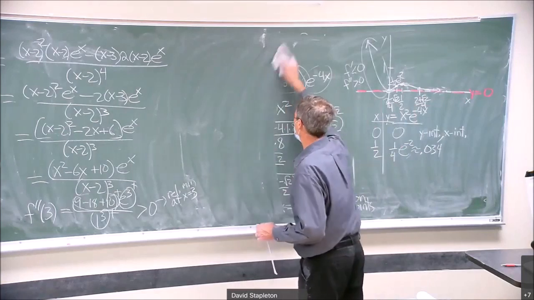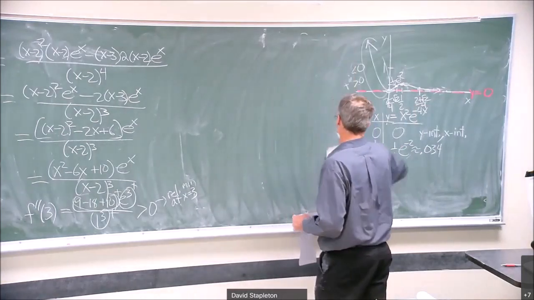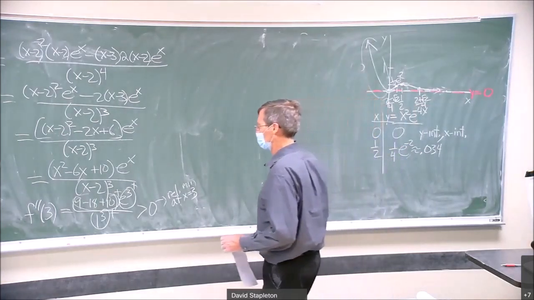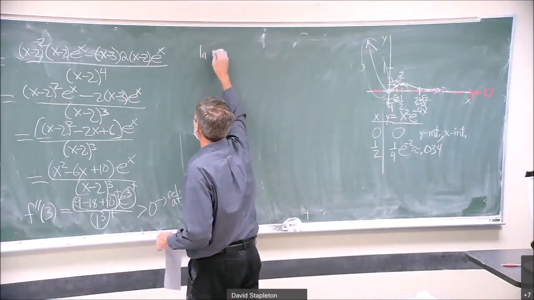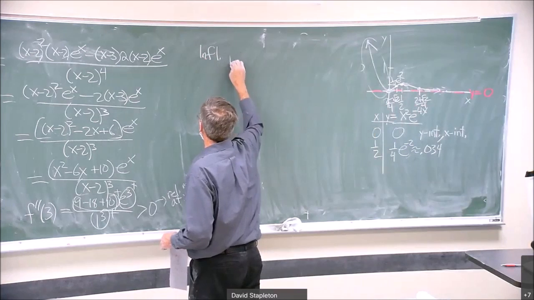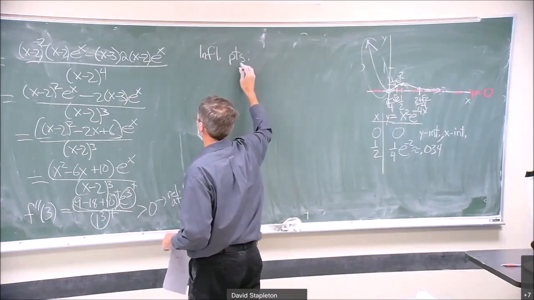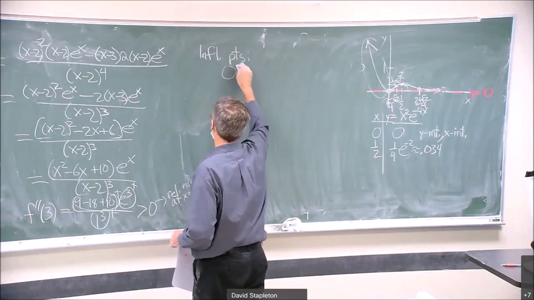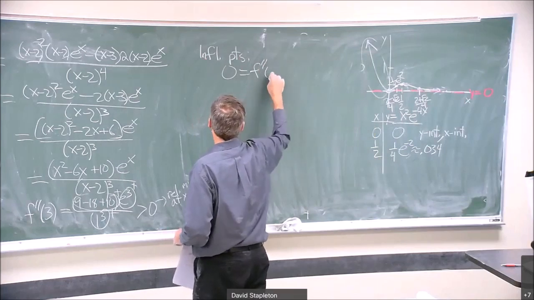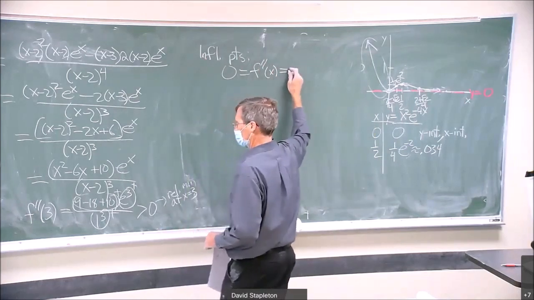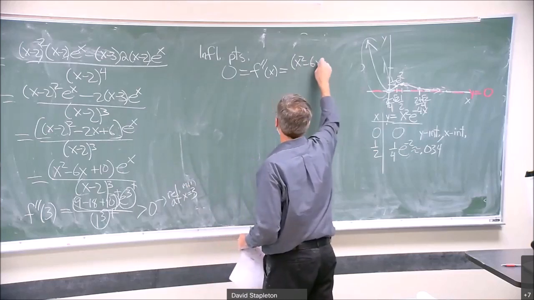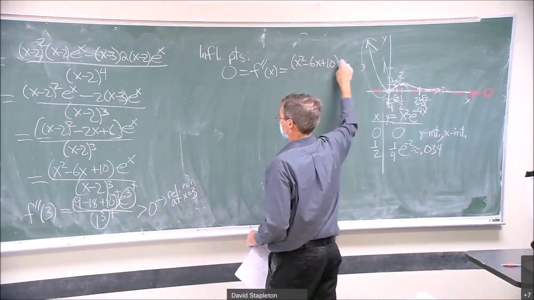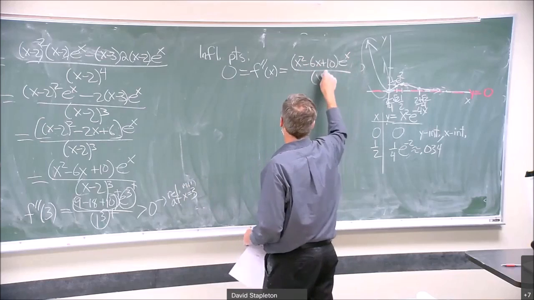How about inflection points? The inflection points will be where the second derivative changes sign. So we'll try setting it to 0. 0 equals f double prime of x is, we found out, x squared minus 6x plus 10 e to the x over x minus 2 cubed.